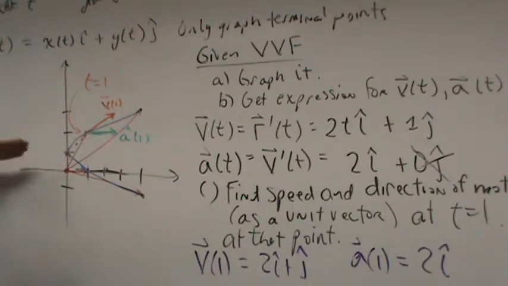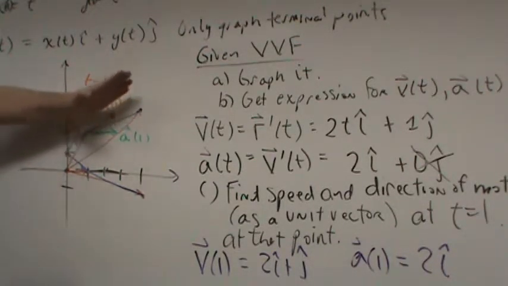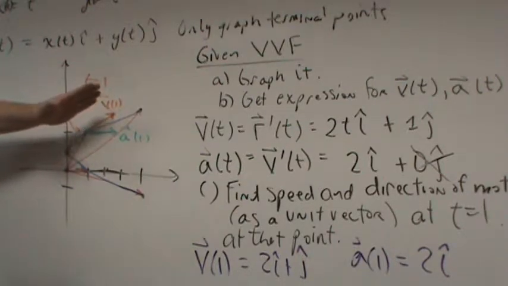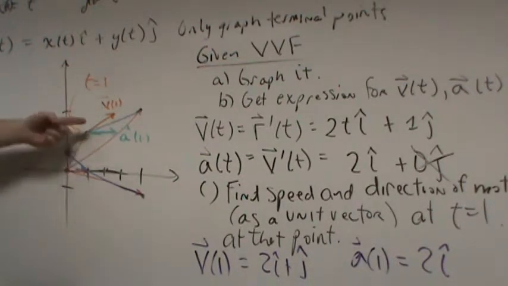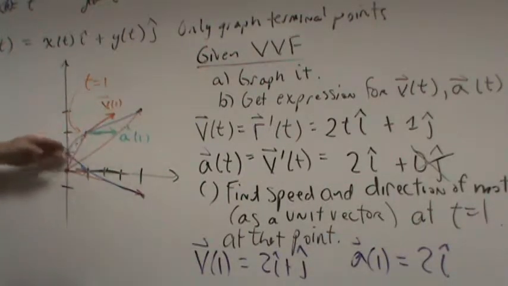First of all, does that make sense that your velocity would point in that direction? Essentially, what's the relationship between the direction of the velocity vector and your graph? What does that velocity vector look like to you? Increasing.